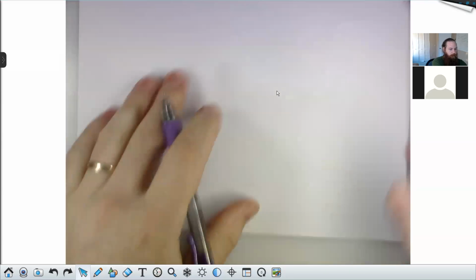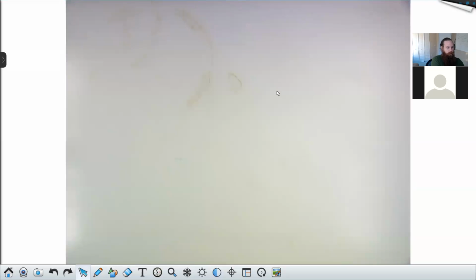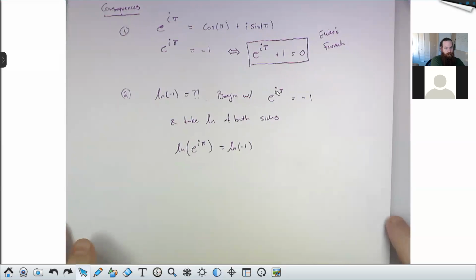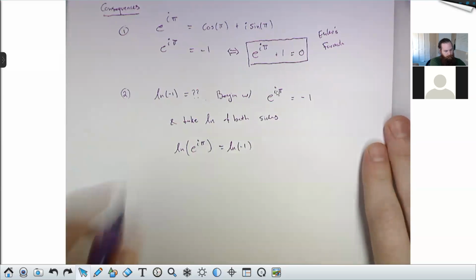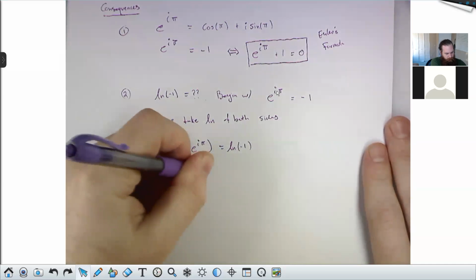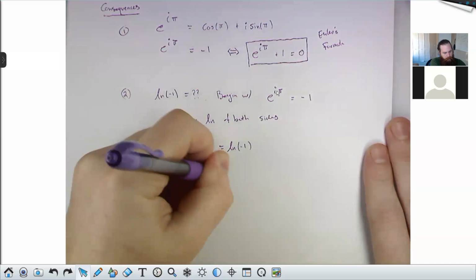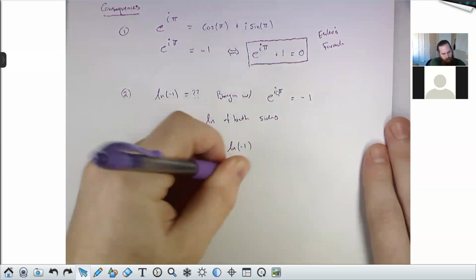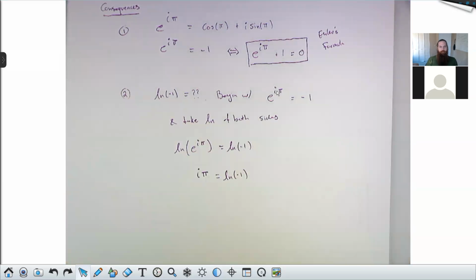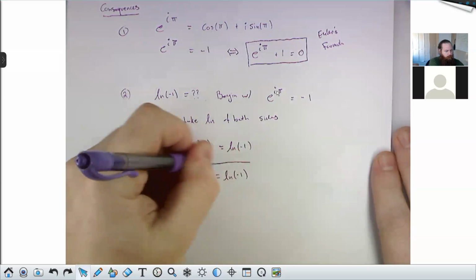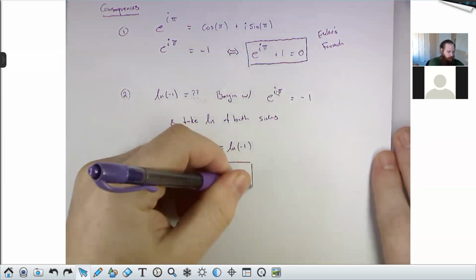Well, the ln of e to anything should just be that thing. That's the definition of ln. So i times pi is the ln of -1. Another big shock, right? This is very strange. This should scare you. This breaks all the rules.